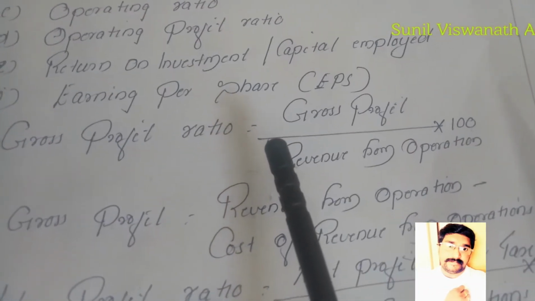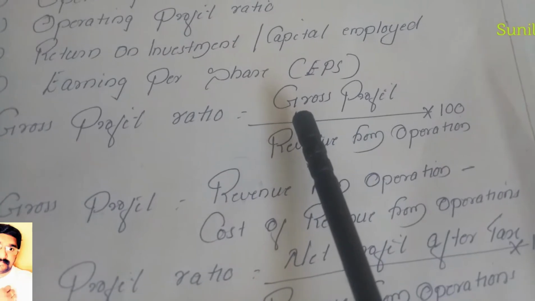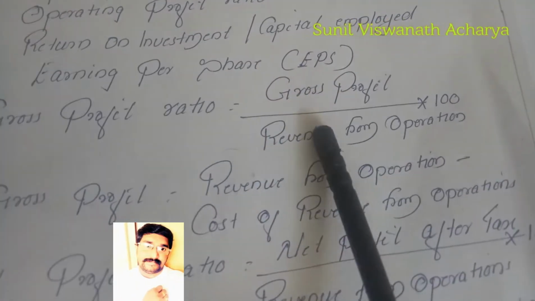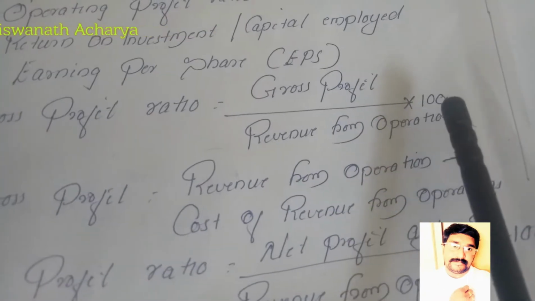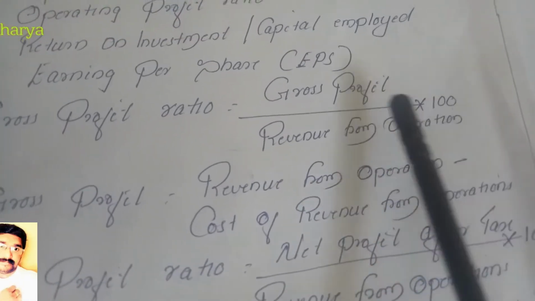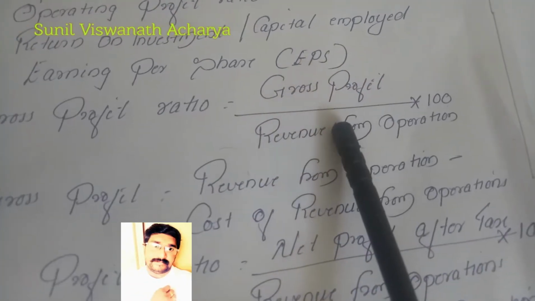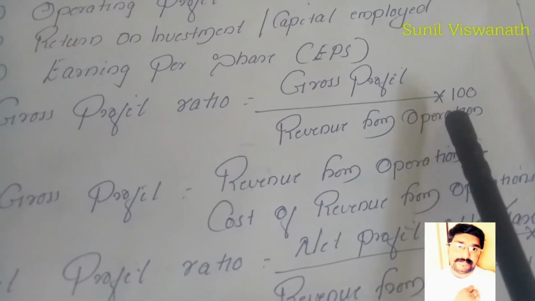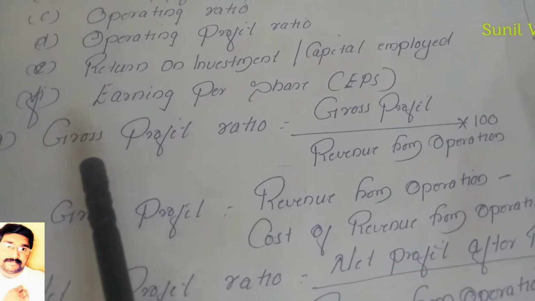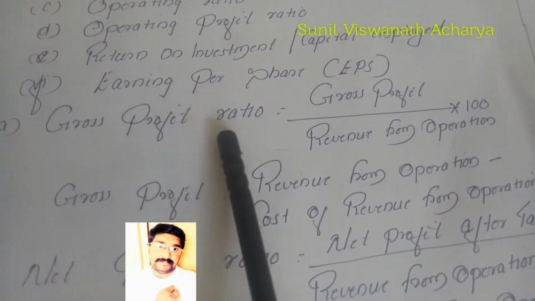How to calculate gross profit ratio: gross profit divided by net revenue from operation into 100. Okay, gross profit divided by net revenue from operation into 100, we will get which ratio? Gross profit ratio.